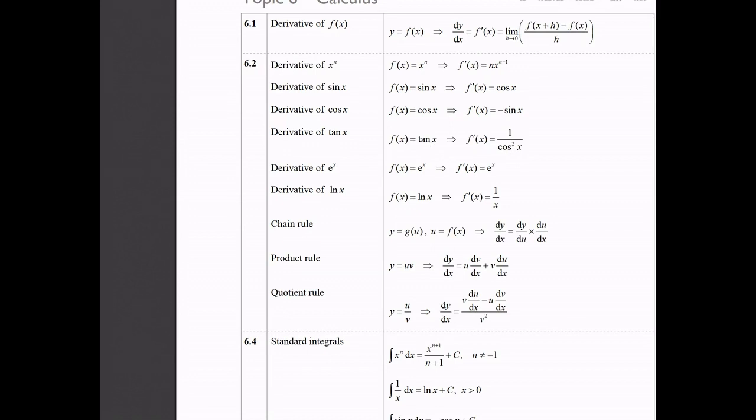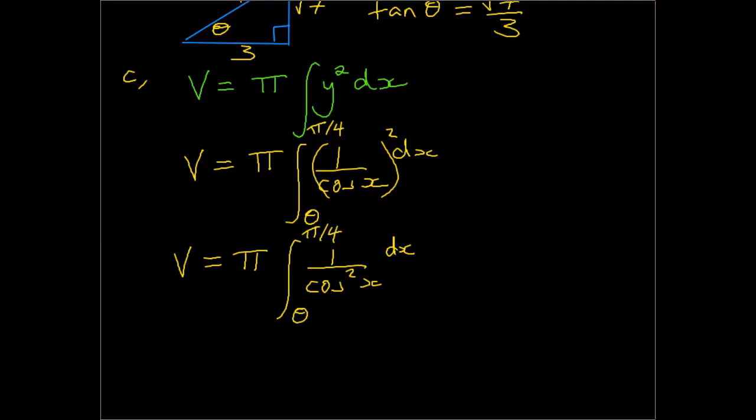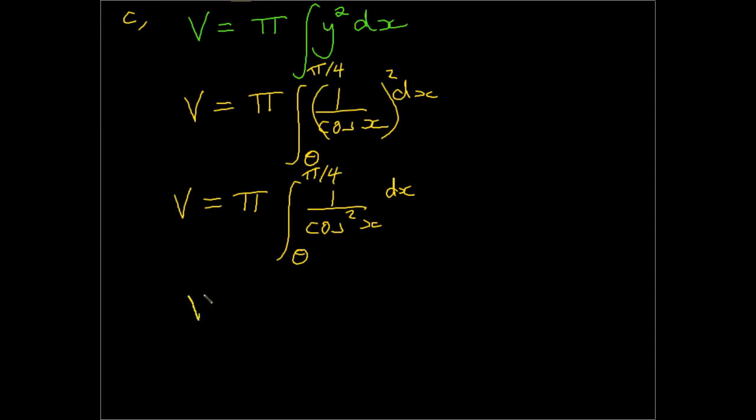So I can therefore say that V is going to equal pi times the square bracket of tan x between pi over 4 and theta.